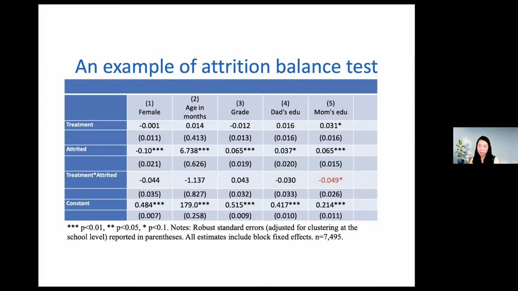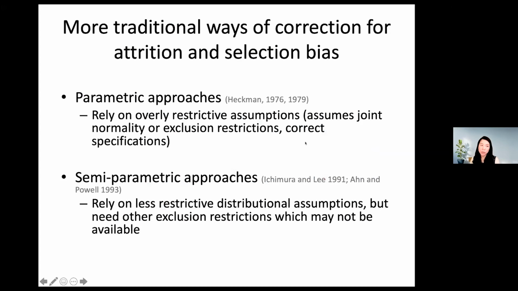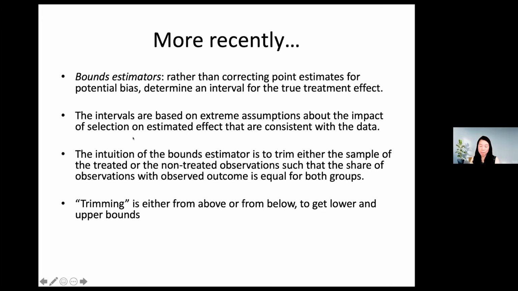But you can also use other methods. More recently, there are bounds estimators. Basically, what this means is you acknowledge that some portion of your sample dropped out from your experiment, but you can still estimate the boundary of the impact, getting a lower and upper bound of your impact.